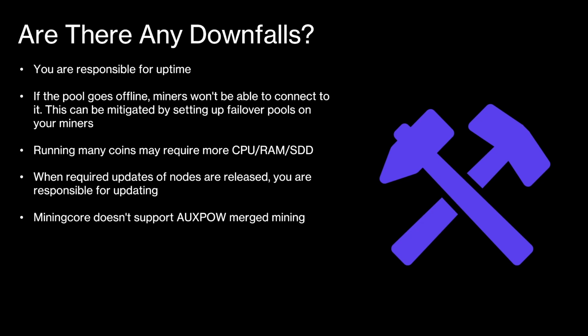Another drawback is you're responsible for keeping track of and updating anytime an updated version of the node software is released from that specific blockchain. Varus periodically does updates. If you're in their Discord, they ping everybody when a new update is out, so you know to go and update it.